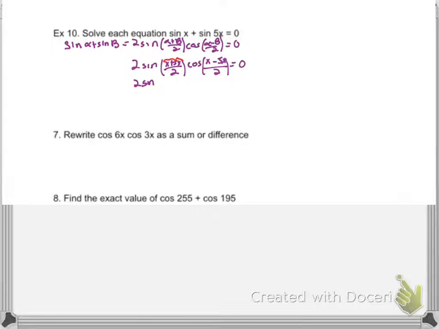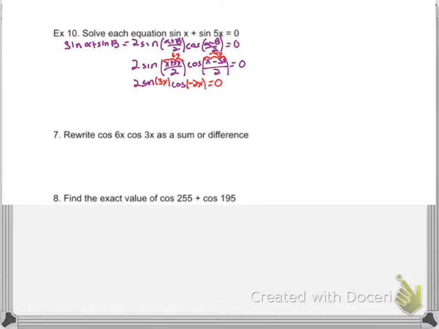This x plus 5x is 6x. 6 divided by 2 is 3x. Cosine, and then in the numerator here, I have x minus 5x is negative 4x, of negative 4x divided by 2 is negative 2x equals 0.